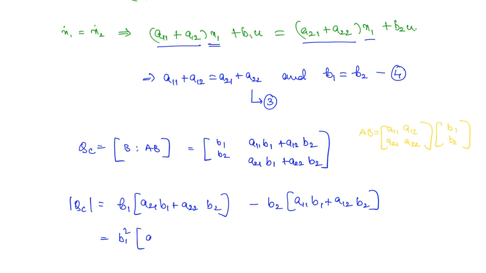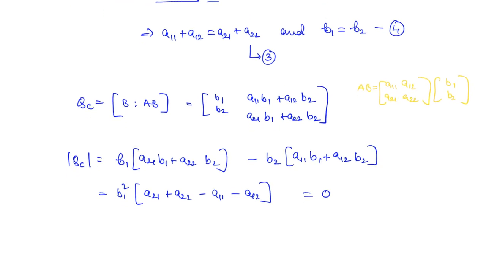You are left with A21 plus A22 minus A11 minus A12. But we know that A11 plus A12 is equal to A21 plus A22, so this term is going to be 0. That means the determinant of QC is 0, which means the system is not controllable. So this is the answer.